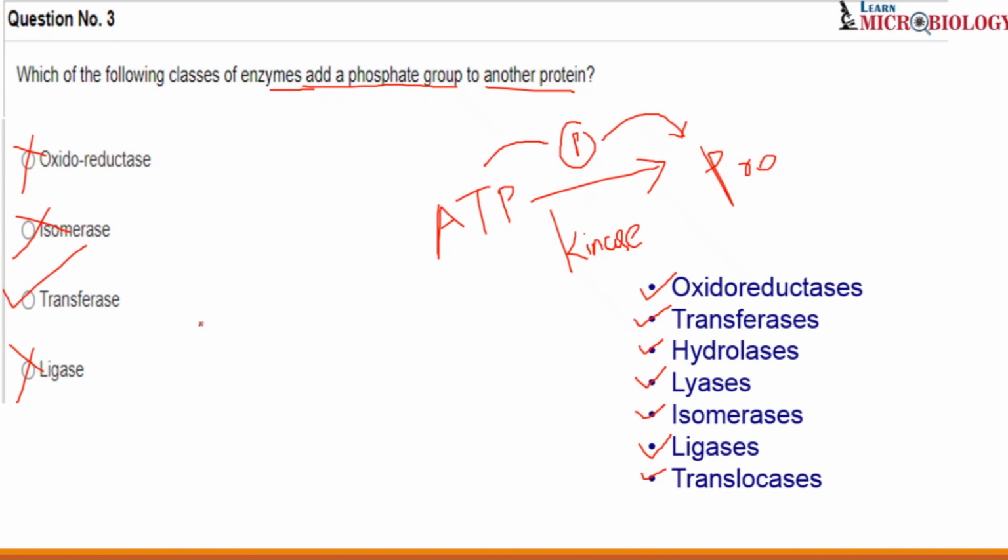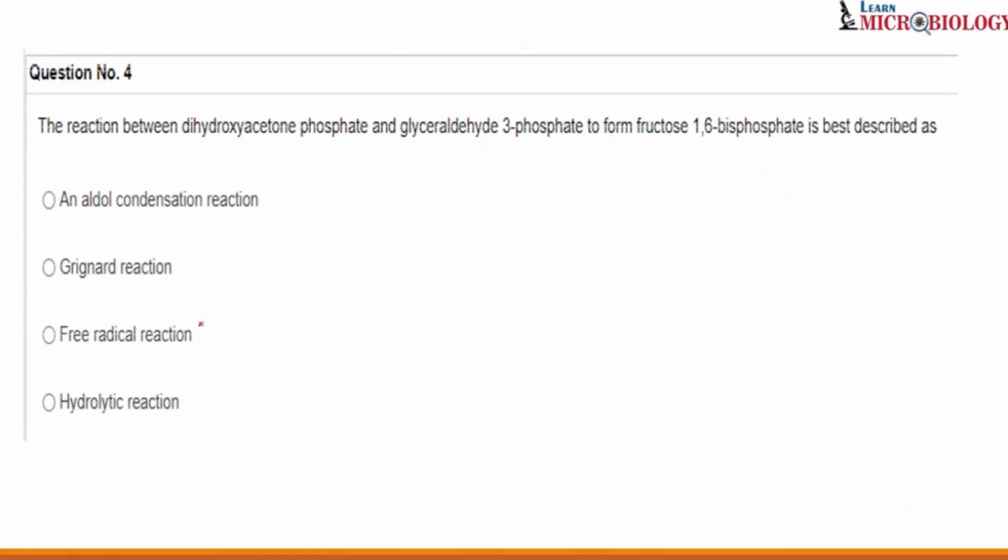Shall we move to question number 4? The reaction between dihydroxyacetone phosphate and glyceraldehyde 3-phosphate to form fructose 1,6-bisphosphate is best described as dash. These molecules, dihydroxyacetone phosphate and glyceraldehyde 3-phosphate, you have encountered in glycolysis, correct?